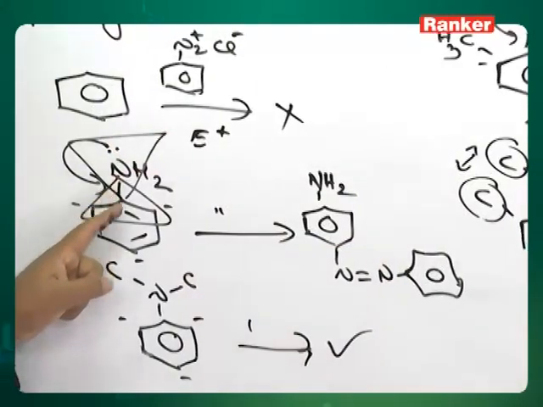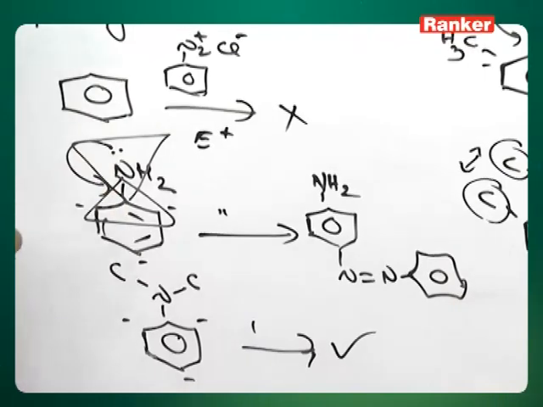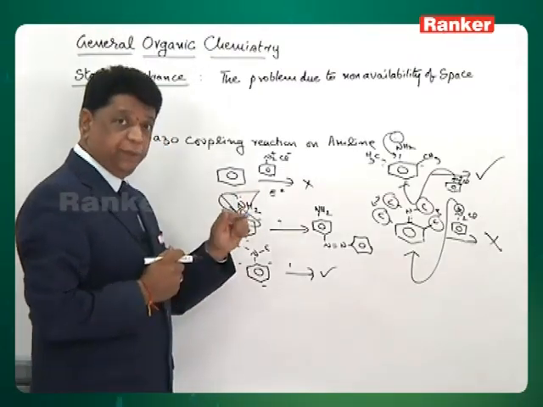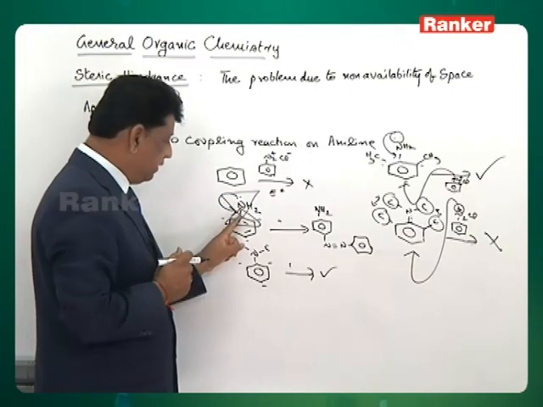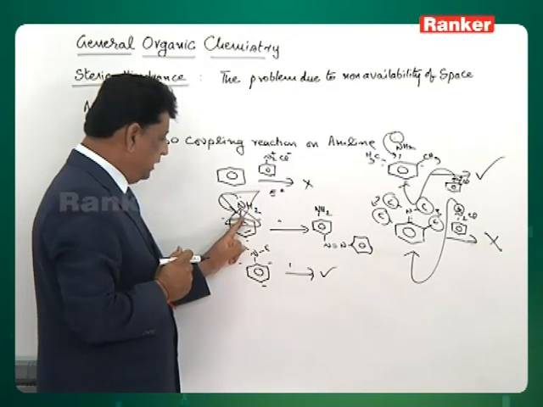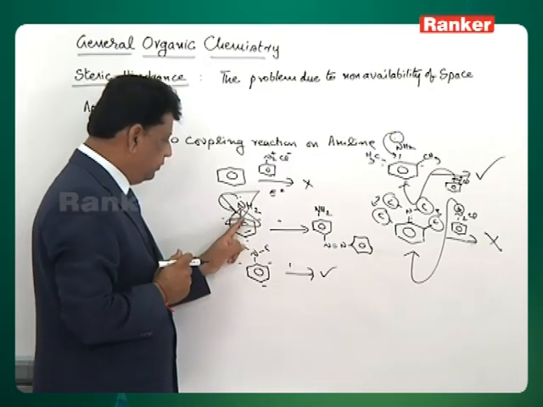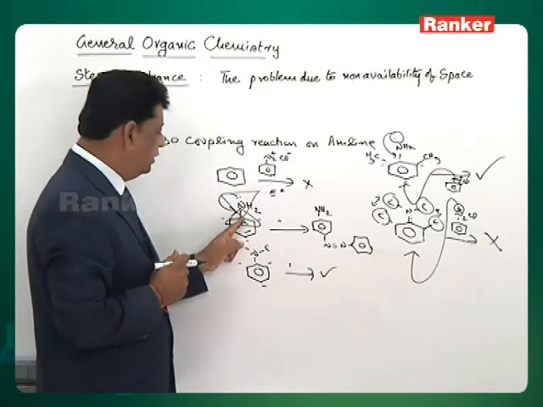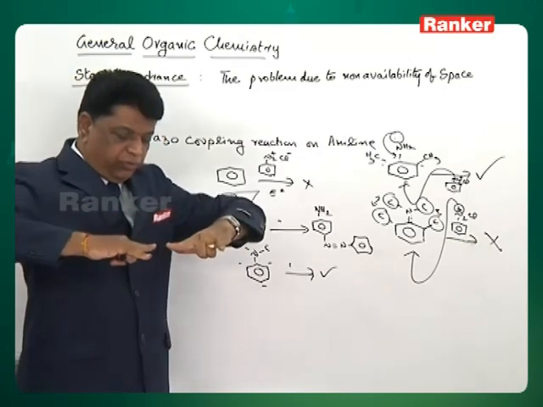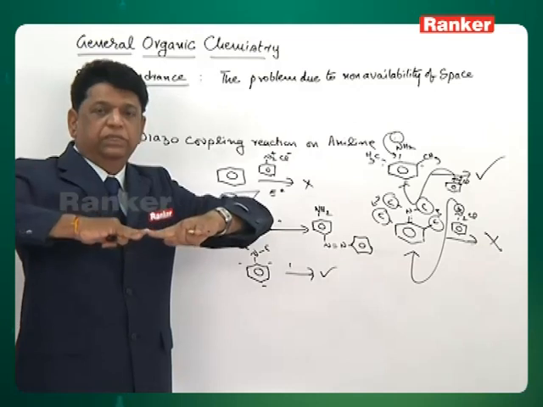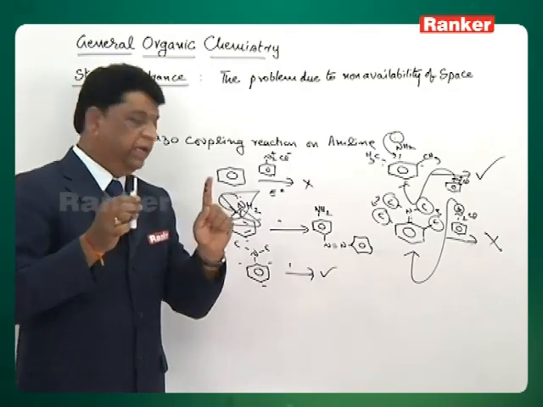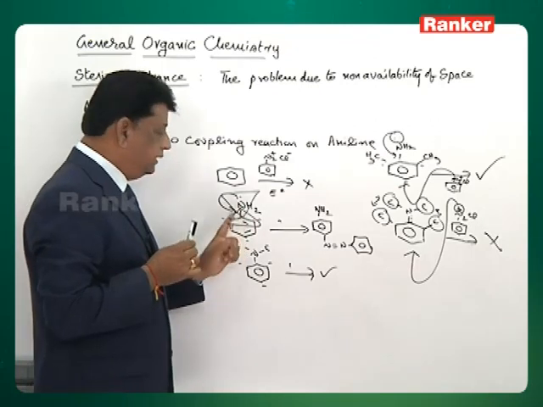In order to show the plus M effect of the nitrogen lone pair, when nitrogen undergoes sp2 hybridization, this carbon is already sp2, the plane of the nitrogen and the plane of this sp2 carbon at the center junction should come into the same plane. Both are trigonal planar, but these two trigonal planar units should come into the same plane, so that a pi bond forms between the nitrogen and the carbon of the benzene.